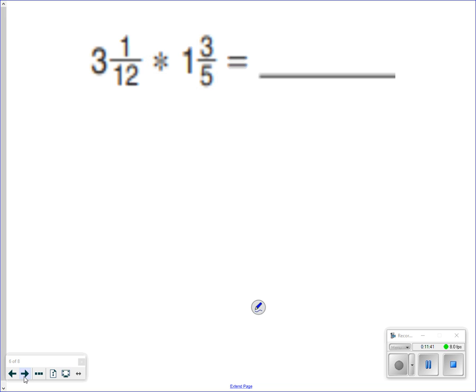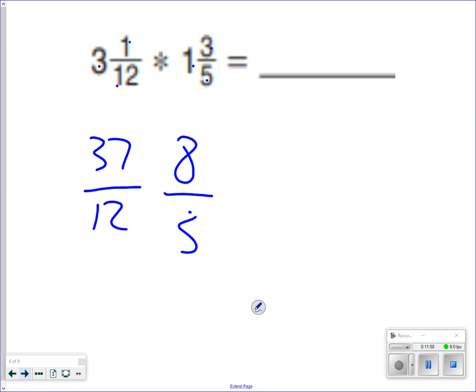3 and 1/12 times 1 and 3/5. Remember when you're working with these, you have to change them to improper fractions. 3 times 12 is 36, plus 1 is 37 over 12. 5 times 1 is 5, plus 3 is 8 over 5. Multiplying, I can cross reduce these.